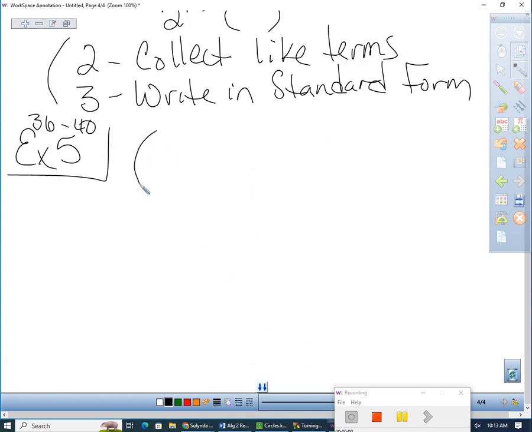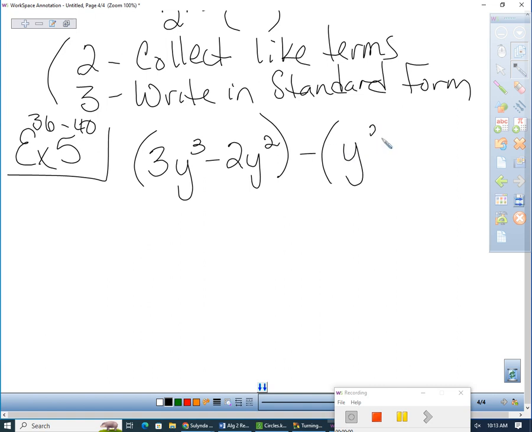So let's say I have 3y to the third minus 2y squared minus y to the third minus 6y squared plus 7. So I have a polynomial minus another polynomial. So the first polynomial, is there anything in front of that one? No. So we're just going to drop those parentheses on the first one.